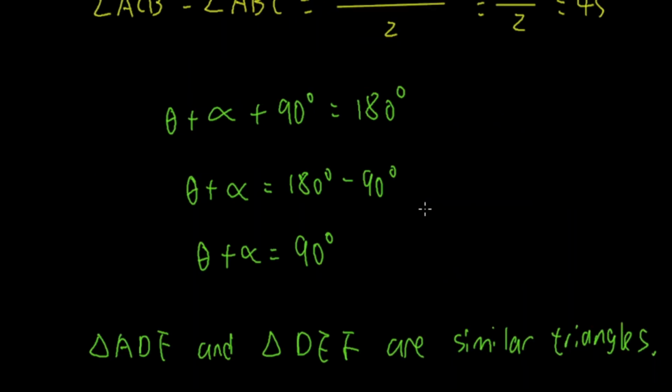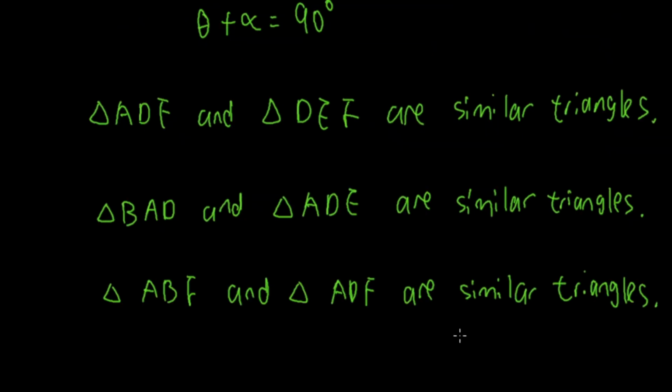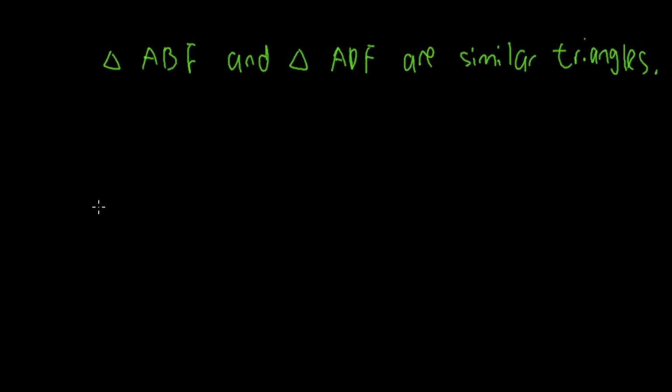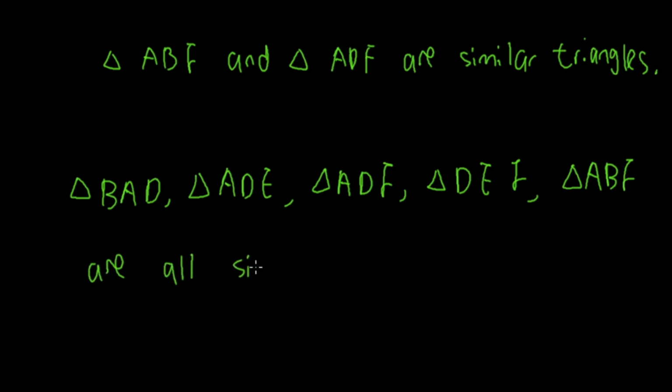So what does it mean? It means all these triangles here are similar triangles, right? So we can say that triangle BAD, triangle ADE, triangle ADF, triangle DEF, and triangle ABF are all similar triangles.